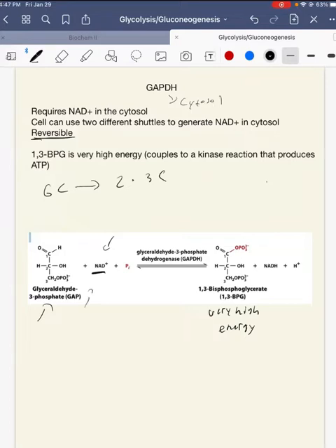And the cell can use three different ways that you guys will learn about to regenerate NAD plus back in the cytosol. And we'll talk about those. I have them in the next few slides. So we make this high energy molecule, and we can start generating now our ATP. Because we used 2 ATP in the beginning, now we can start generating back ATP.